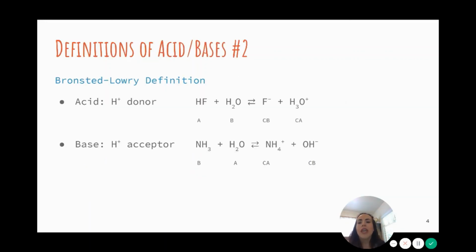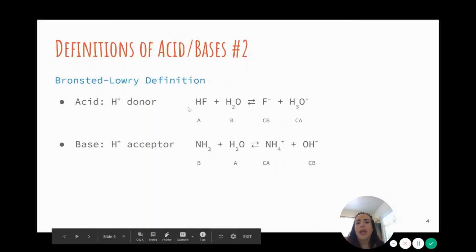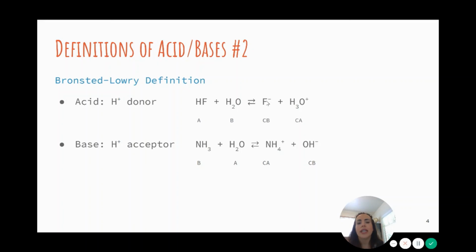So again, if I look at this first example, hydrofluoric acid, what I see happening is that it's donating its proton. So this is my acid, and what it turns into is a conjugate base. The reason why I call this a conjugate base is because now this can accept a proton, which means that it can act as a base. So notice that we have an acid turning into a conjugate base.